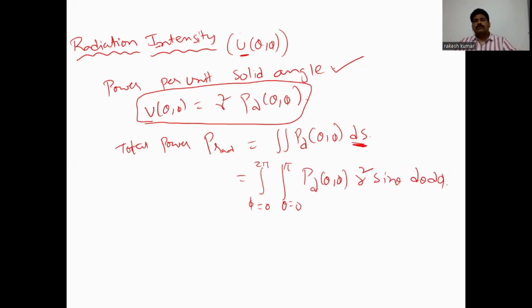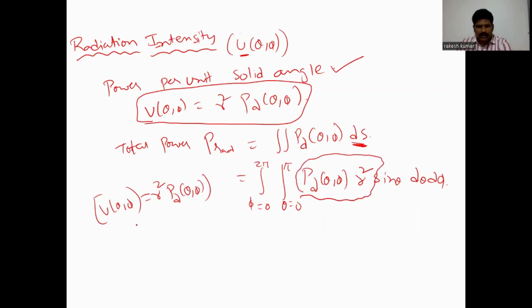So this is the expression. But you know that U of theta comma phi, the other formula for it, is r square into PD of theta comma phi. So in the place of this, I can simply replace with U of theta comma phi.